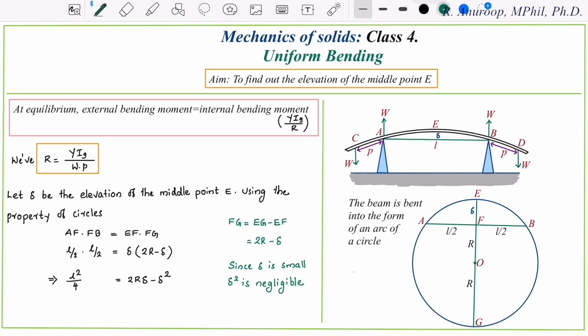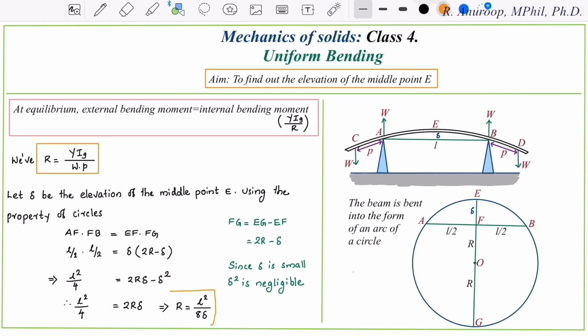So you can neglect delta square from the previous equation. Therefore, L square by 4 becomes 2r delta. Therefore, the radius of curvature R is equal to L square by 8 delta.